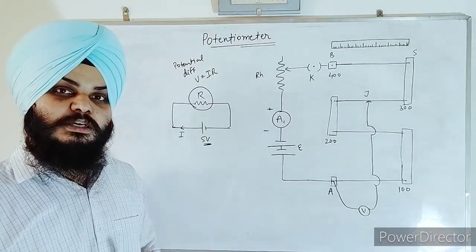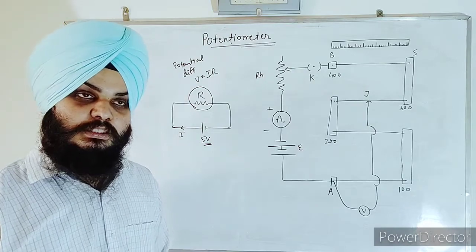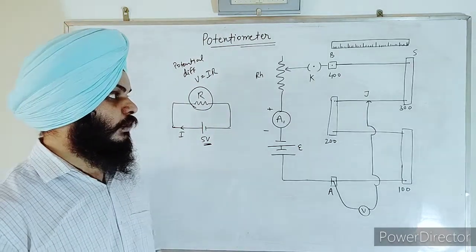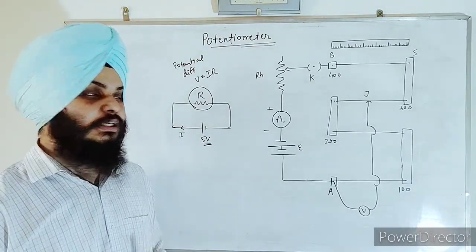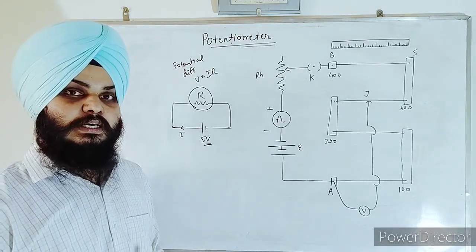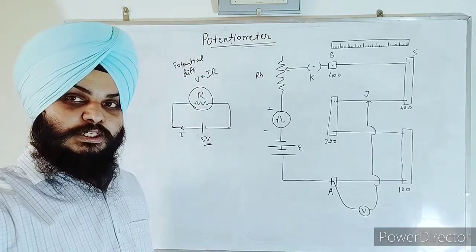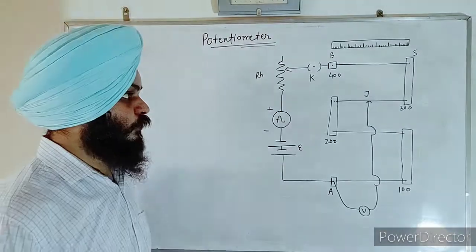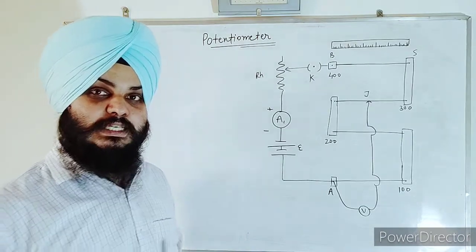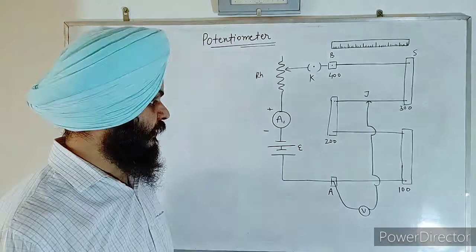So this basic principle is applied in the potentiometer. Now let's start with the construction, its principle, and how we can use a potentiometer to find a potential difference. Students, as we can see here, I have constructed a potentiometer circuit.